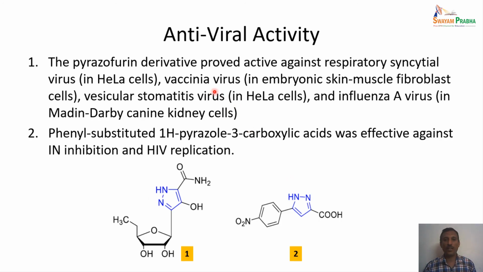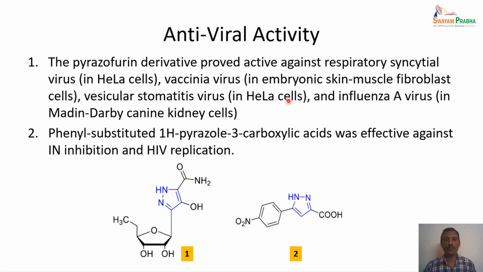And similarly, antiviral activities are shown by compound 1. This is pyrazofurin, where this is a furan derivative and this is a pyrazole unit. This pyrazofurin derivative proved active against respiratory virus, especially in HeLa cells, and vaccinia virus, vesicular stomatitis virus, and influenza A virus.